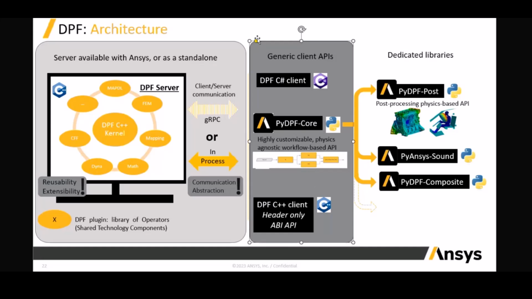And then built upon these generic client APIs, we have a set of different libraries, which are also expanding every day, which are dedicated to different use cases. For example, we have PyDPF-Post, where we have post-processing and physics-based APIs.